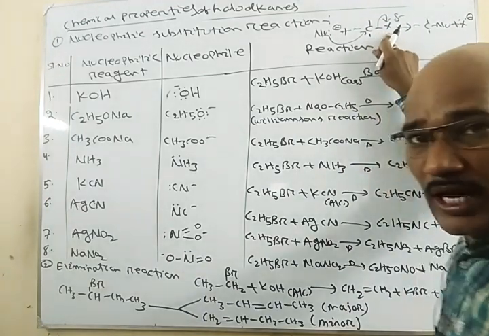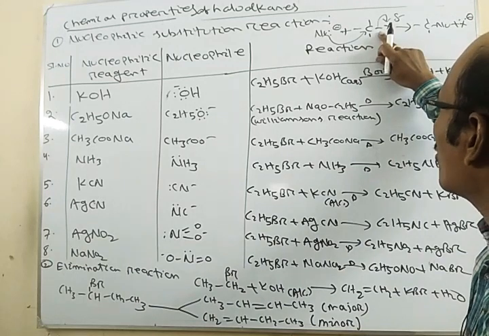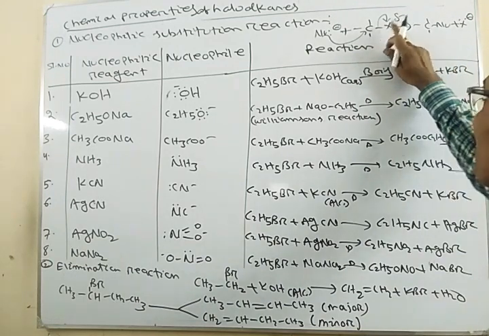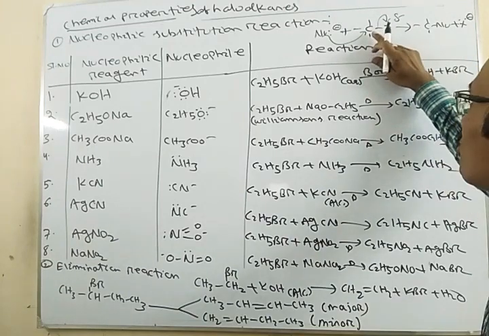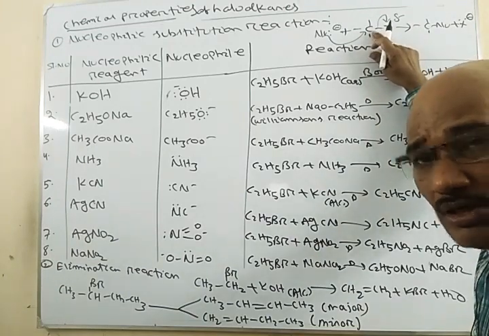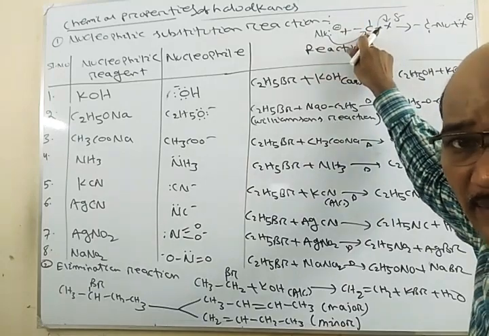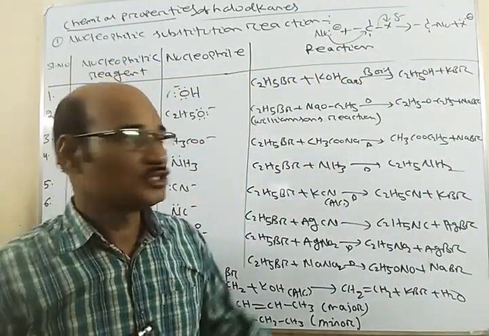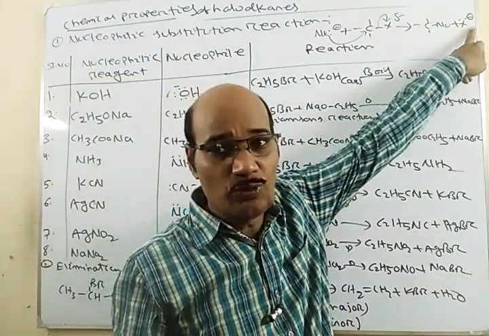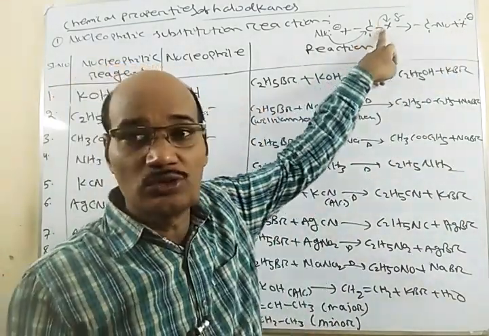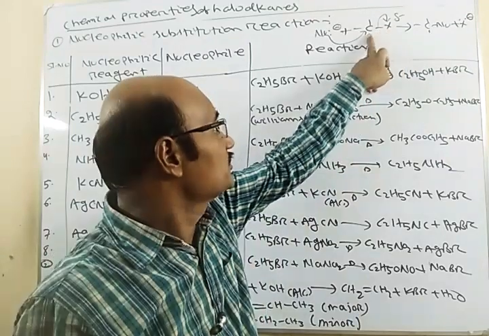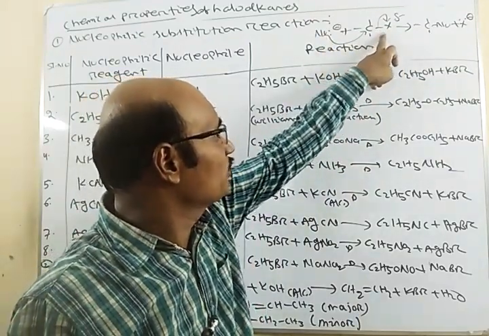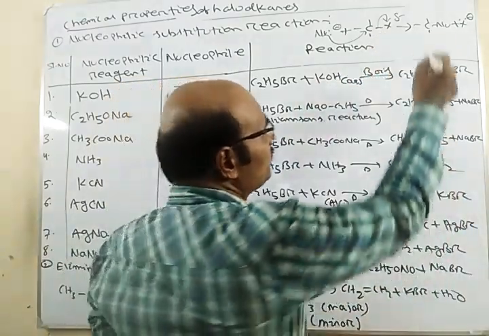Because the C-X bond is polar, the X carries a negative charge and C becomes positively charged. To this positive carbon center, a nucleophile can easily attack, and we know the halogens are good leaving groups. So X will leave as a leaving group, and the nucleophile will attach to the carbon to give the product.